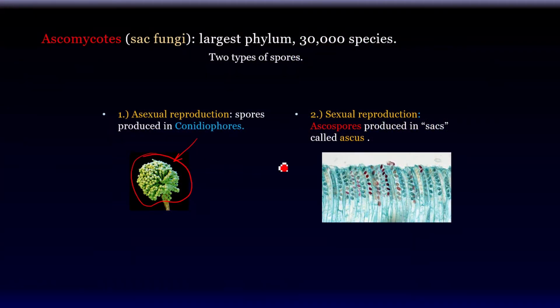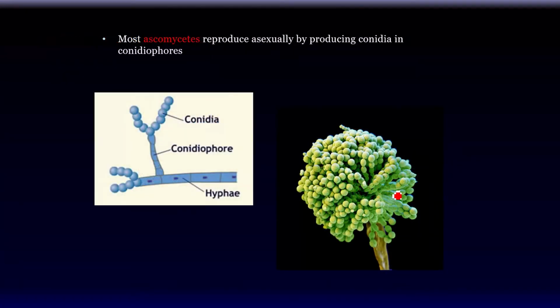But when the going gets tough, it does the same thing. It produces spores by sexual reproduction, and this occurs in the sacs, which are called asci. Now this is the asexual reproduction. Most Ascomycota reproduce asexually by producing conidia in conidiophores.